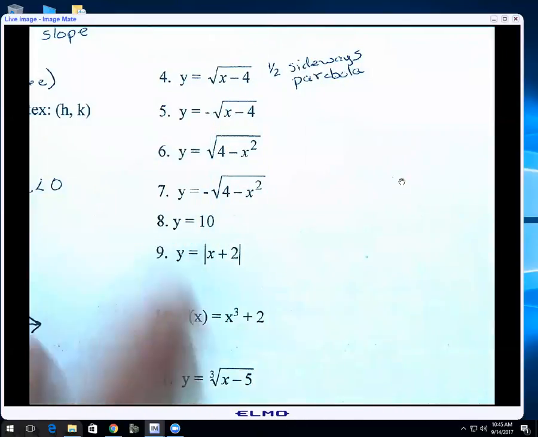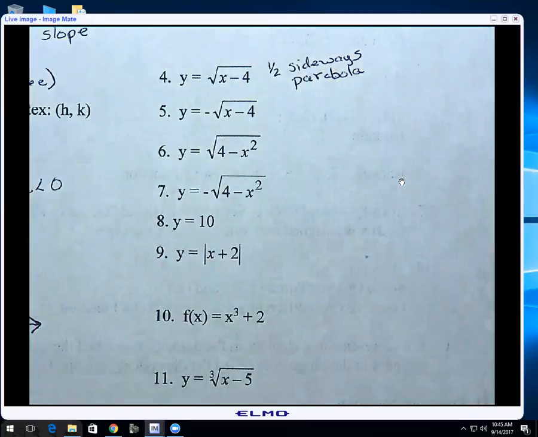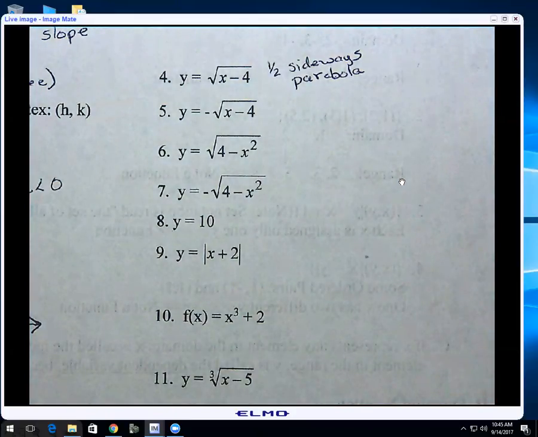And if I told you to find f of 8, for example, would you subtract the 4 before you took the square root or after? Before. That means it's your horizontal shift. And that horizontal shift always works the opposite of what you might have guessed. Subtracting 4 actually shifts the parabola 4 to the right.